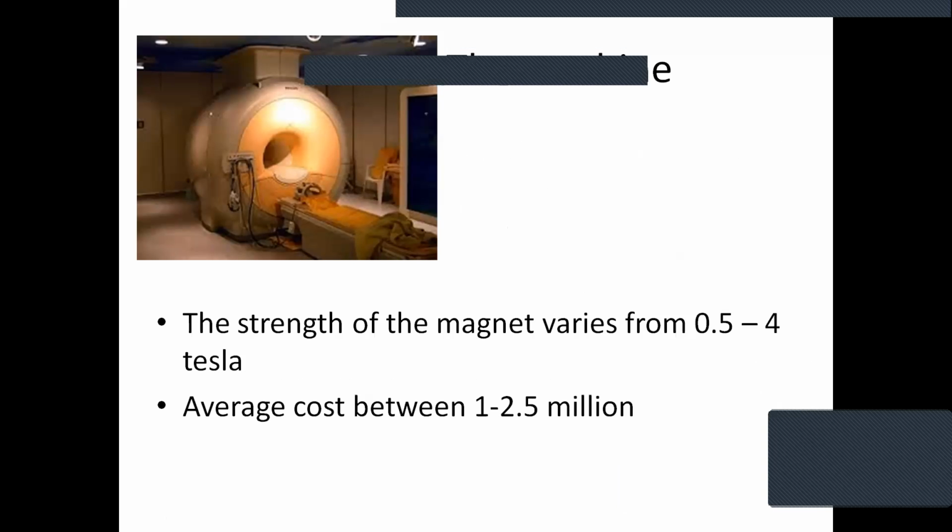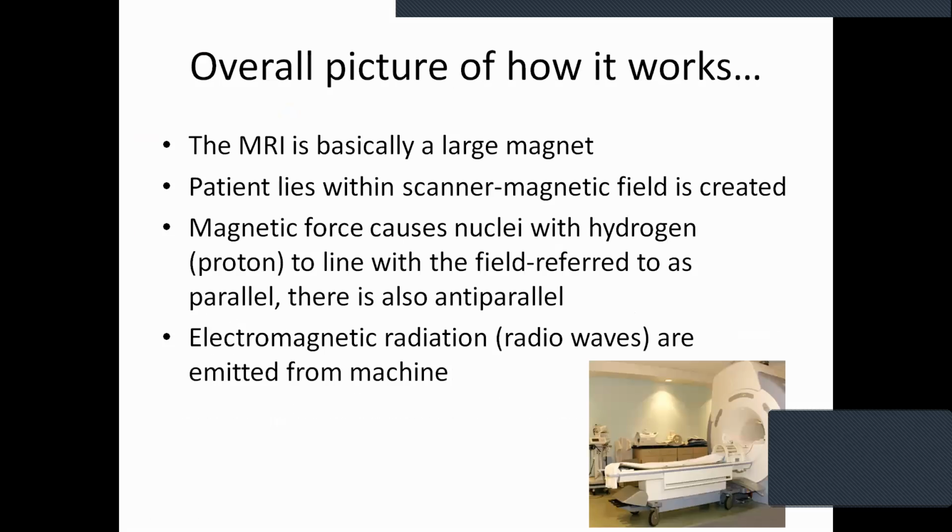So this works like a magnet when the patient is placed in the strong magnetic field. The magnetic moments of the protons align with or against the field lines of the magnet. The strength of these magnets may vary from 0.5 Tesla to 4 Tesla, and the average cost of the machine is $1 million.